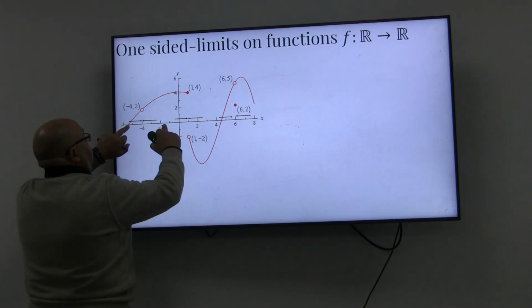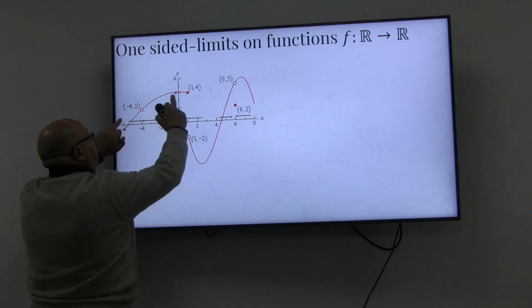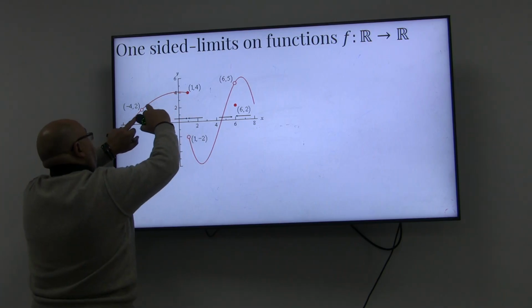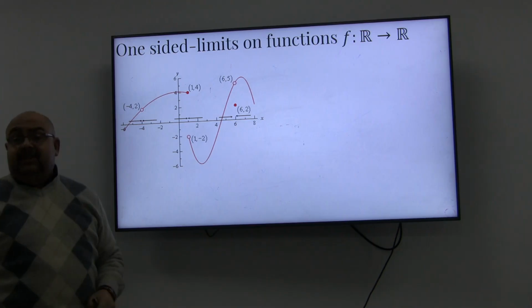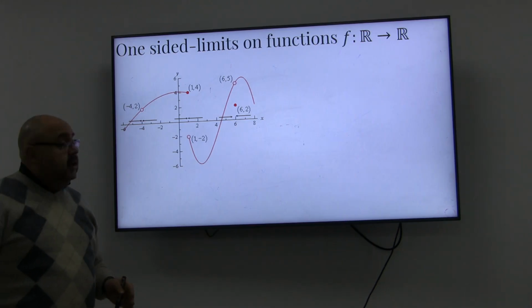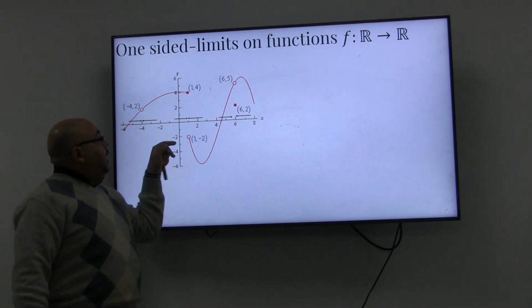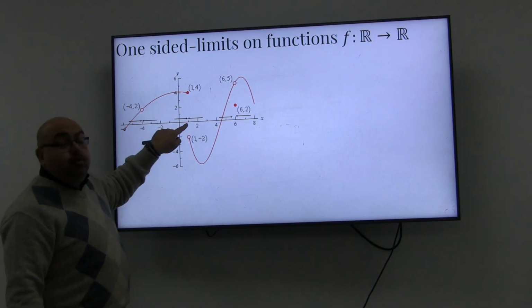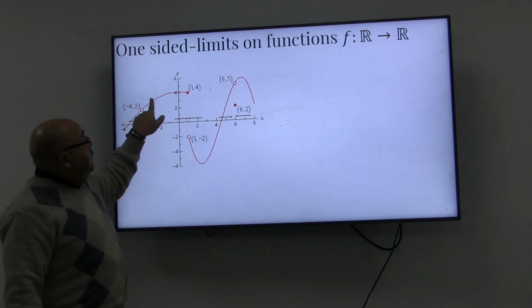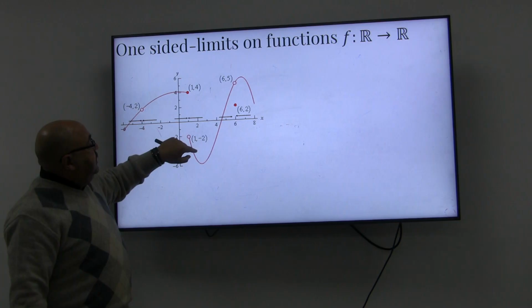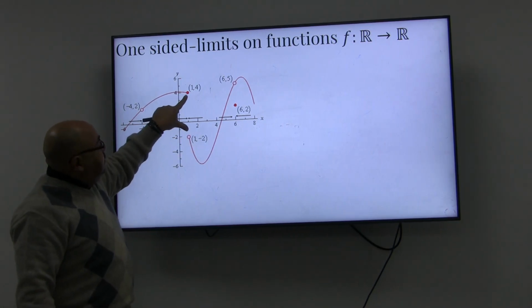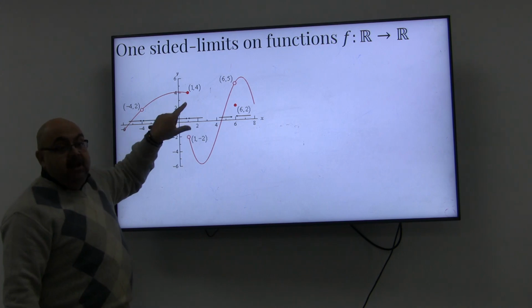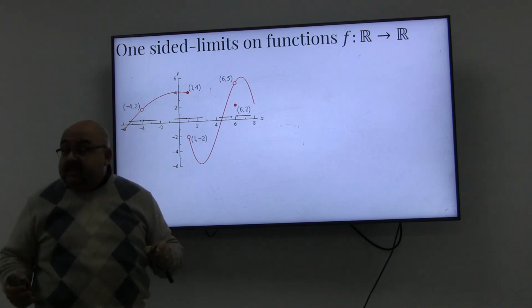While x is approaching -4 from both sides, the value of the function will also approach 2, so the limit exists from the left and from the right. If I try to do so at x equal to 1, you will find that the limit of the function from the left doesn't equal the limit from the right. So the limit as x tends to 1 does not exist.